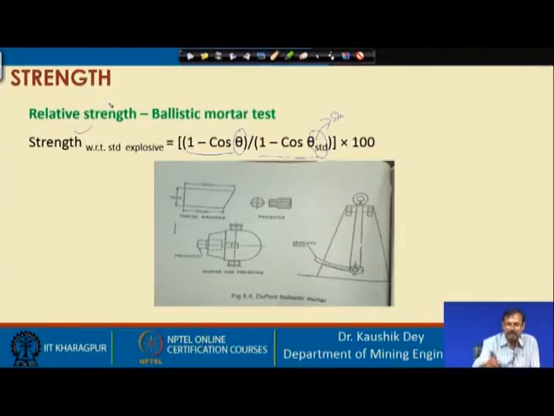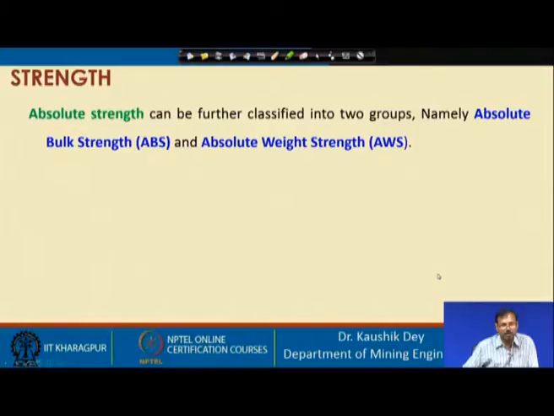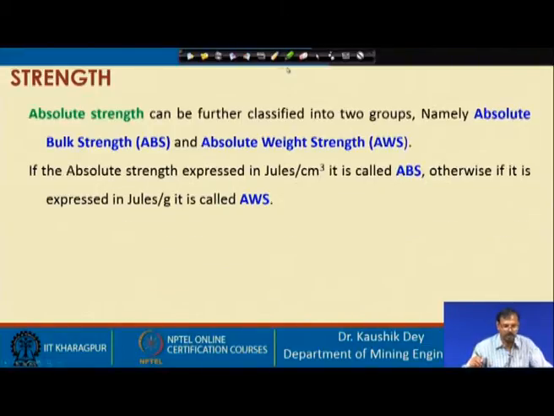So, here is another type of classification possible with this: the absolute strength can again be classified into two parts. One is the absolute bulk strength, another is the absolute weight strength.